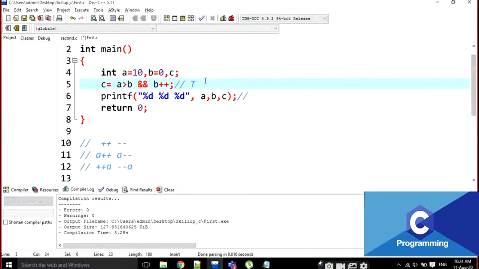That is treated as 0 only, not 1. 0 refers to false. Then C becomes false. But after the statement, B becomes incremented as 1. That's why A is 10, B is 1, C is 0.